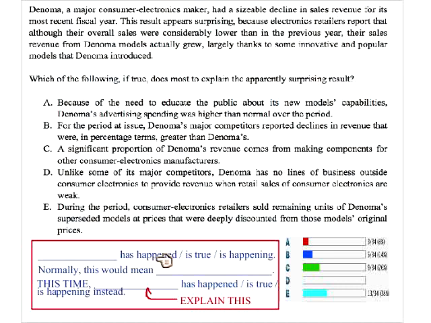What would normally mean what? Sales revenue from Denoma models went up. Okay, so revenue from selling Denoma's actual models went up.